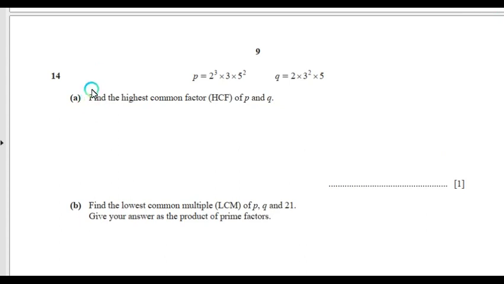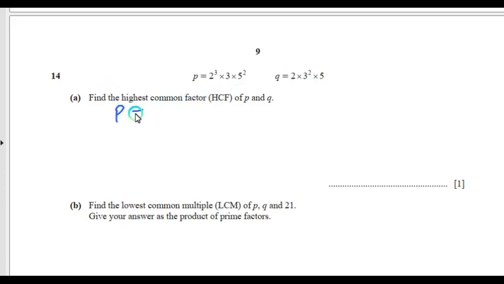Okay, next question, question number 14. We have P equals 2 raised to power 3 times 5 square, and Q equals 2 times 3 square times 5. Find the highest common factor of P and Q. To find the highest common factor, we need to factorize both numbers. Already they are factorized, so I'm writing these numbers.